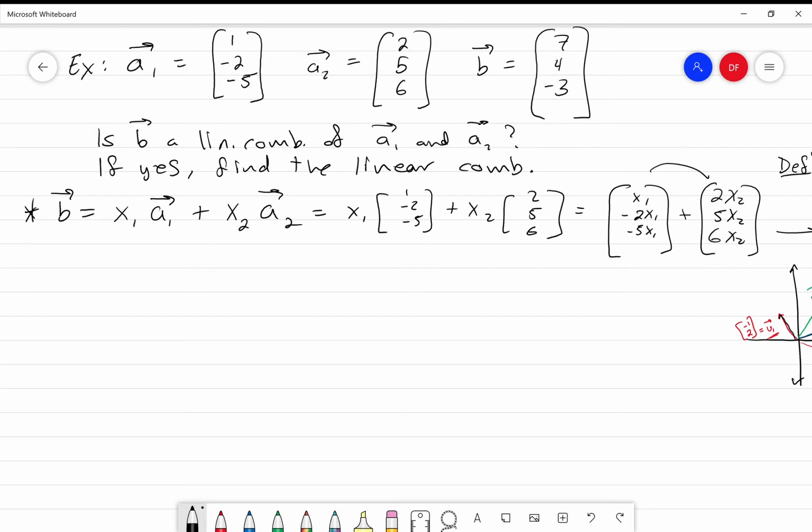And when I add two vectors like this, I just need to add these two, add these two, and add these two. So what I'll end up getting is (x1 plus 2x2, -2x1 plus 5x2, -5x1 plus 6x2).